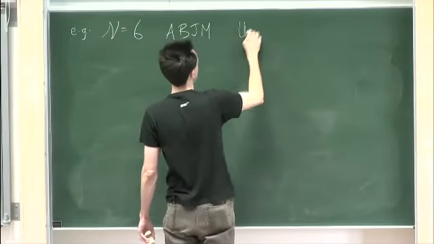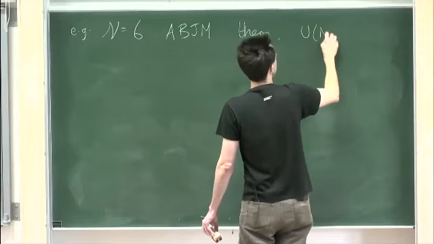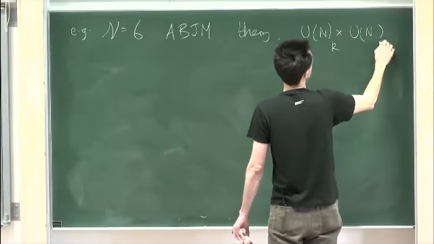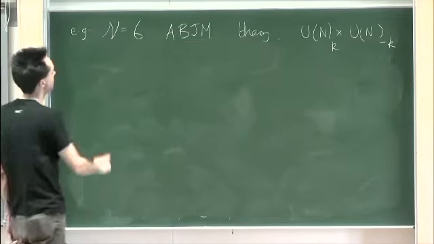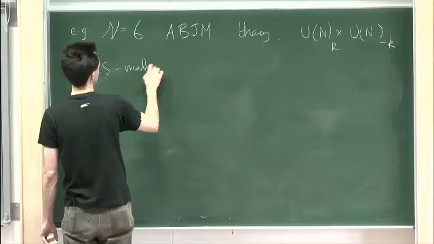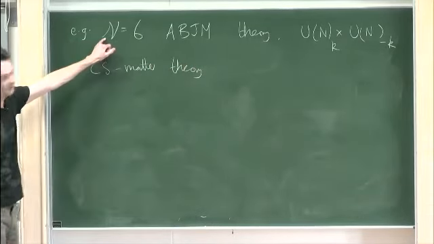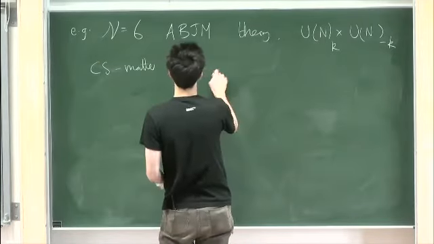It's a U(N) times U(N) Chern-Simons matter theory with Chern-Simons couplings k and minus k for the 2 factors of U(N). N=6 is almost fully supersymmetric in 3 dimensions. N=8 is maximally supersymmetric.